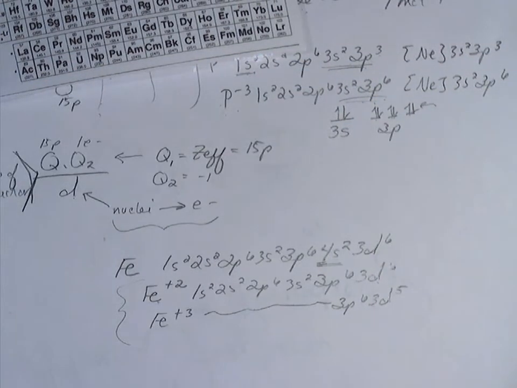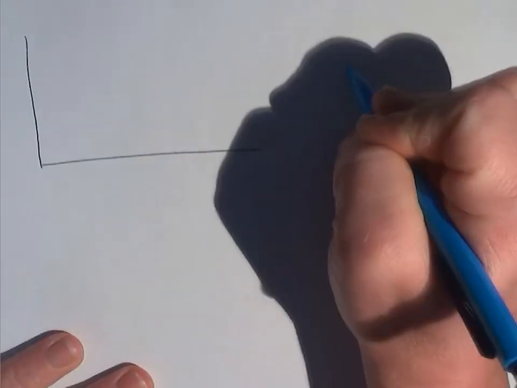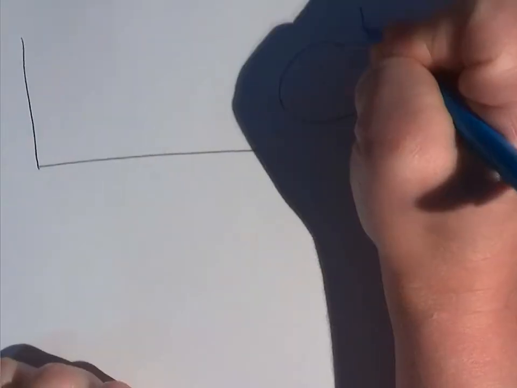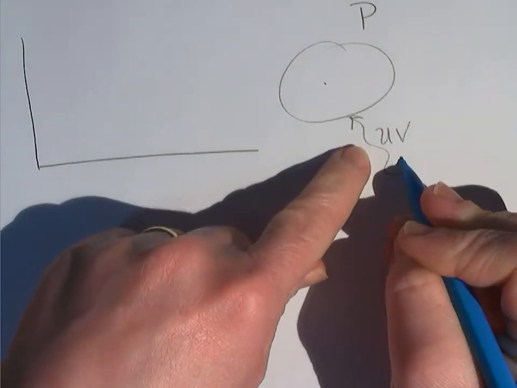Now, while we were learning this in Chapter 7, we did not talk about PES spectrums or graphs. PES is photoelectron spectroscopy. All right, so what we do is we take an atom, so let's say phosphorus, and we bombard it with ultraviolet radiation.